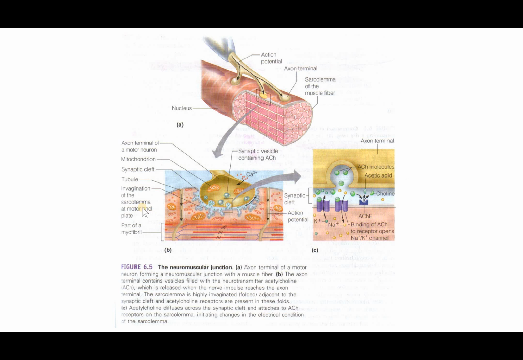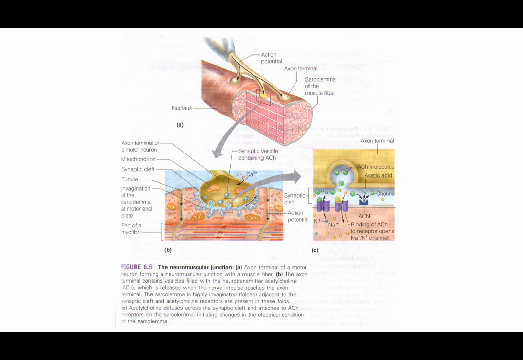Here they're zooming into the acetylcholine that's being released across the synaptic cleft and hitting the postsynaptic membrane receptor. When this happens, it allows the sodium-potassium channels to open, so the permeability now changes.